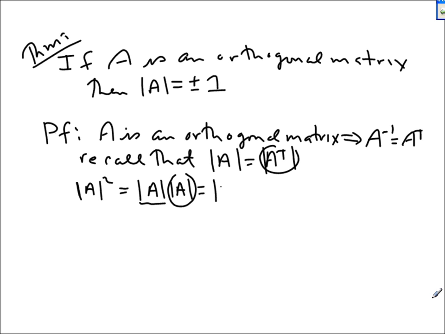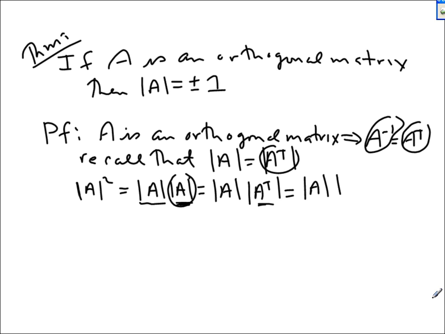I'm going to keep the first determinant of A the same, and instead of that A, I'm going to write A transpose. Now this is always true, orthogonal matrix or not. The determinant of A can always be replaced with the determinant of A transpose. But in this case, A transpose and A inverse are the same. So the determinant of A transpose is the determinant of A inverse.